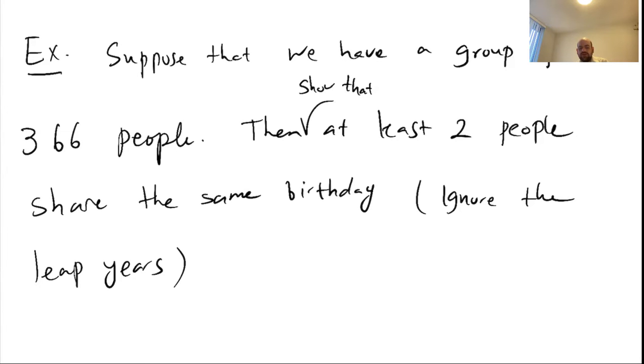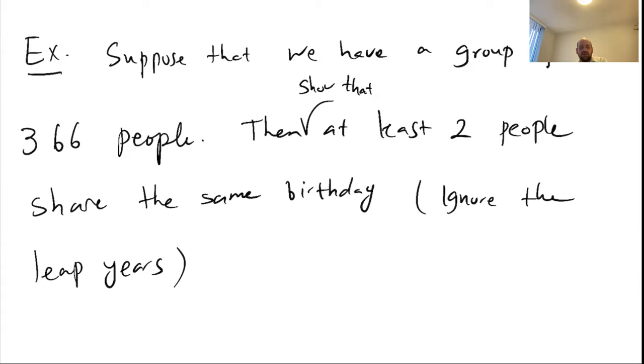How can I prove this? Well, intuitively, this is almost obvious. If I want to have distinct birthdays for these people, let's say the first person has some birthday. The second person is not allowed to have that birthday anymore, so the second person will have his or her birthday on the second day, and the third person on the third day, all the way to the 365th person on the 365th day.